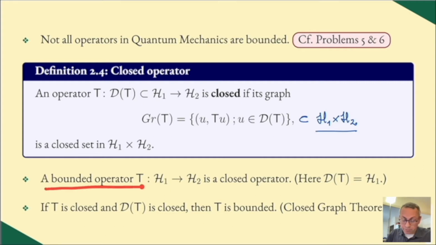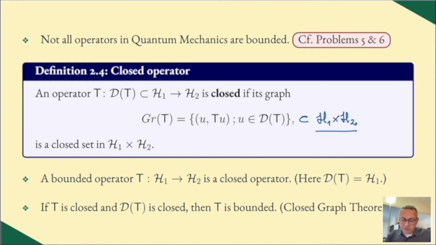Just to give you an idea here briefly before we go into the details, if you have a bounded operator which is defined on the whole of H1, then it's a closed operator. So the class of closed operators includes the class of bounded operators defined on the whole of H. A kind of converse is that if T is closed and the domain is closed as a set, so this is important, then T is bounded. This is a consequence of a theorem that you might have seen in functional analysis, which is called the closed graph theorem.